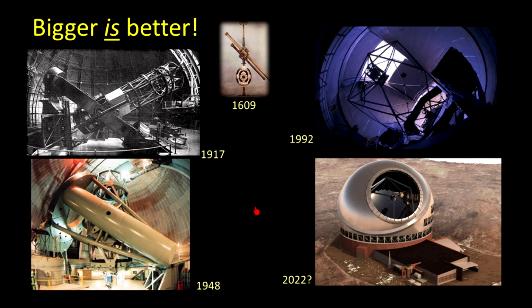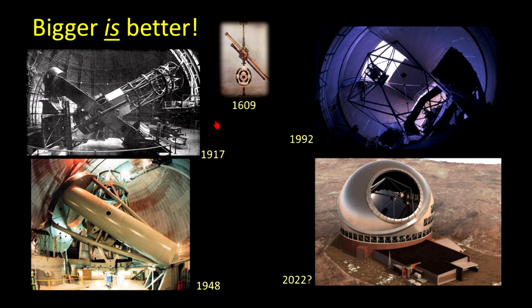So bigger is better. And what we know is, historically, there has been this drive to constantly build bigger and bigger telescopes within the limits of technology. Here is the original telescope built by Galileo in 1609. And then for many years, the technology wasn't there to build them much bigger. In 1917, this was the largest telescope in the world.